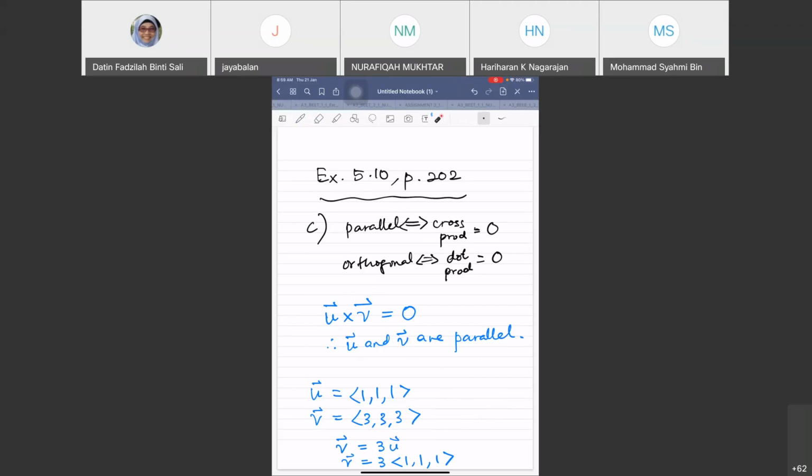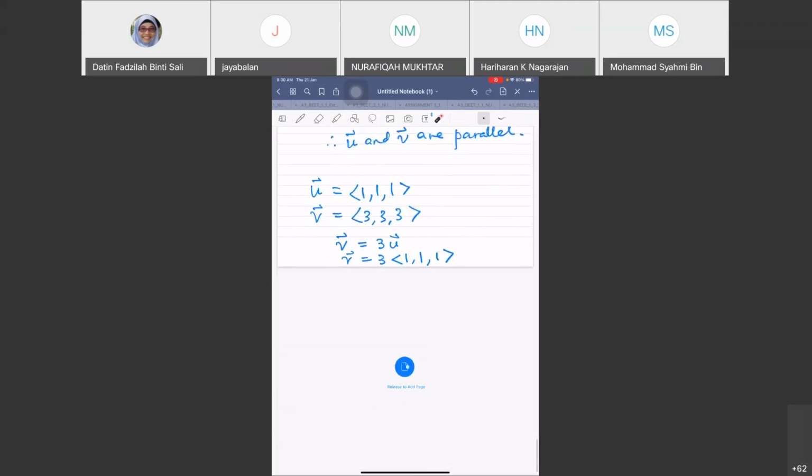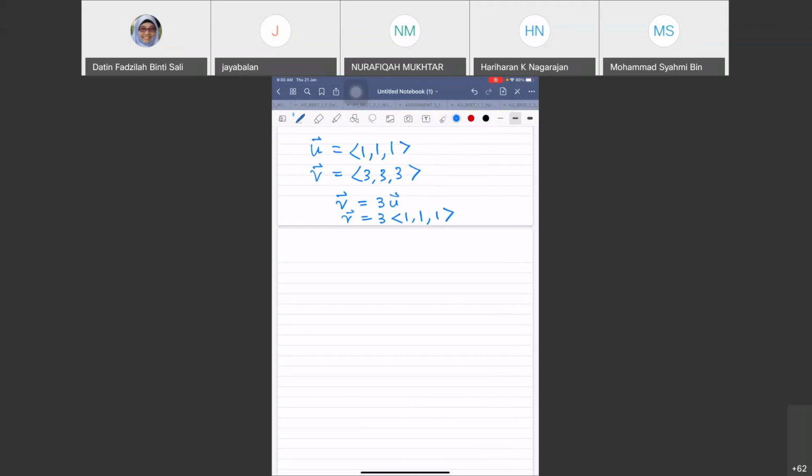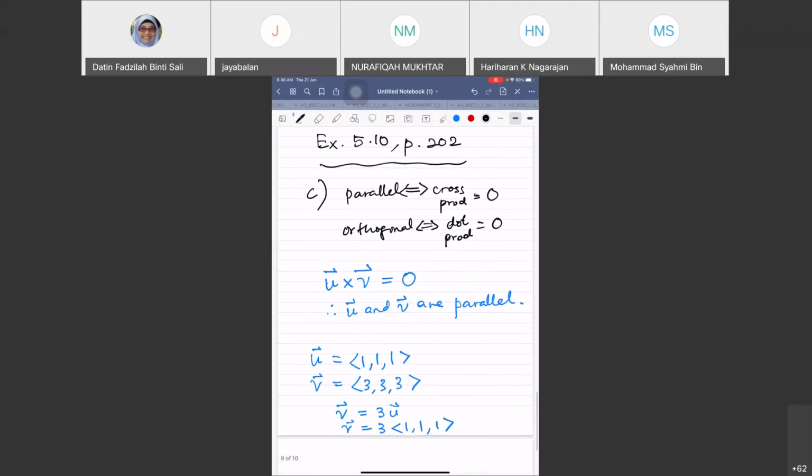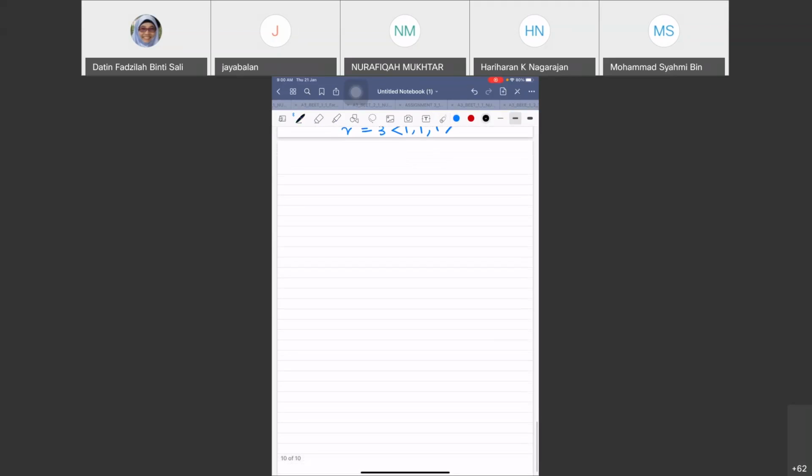So that is C. For A and B, if I look at just the vectors, definitely they are not parallel, so you will have a vector when you do the cross product of U and V. You might want to try that later. Okay, let's move on to 5.11.